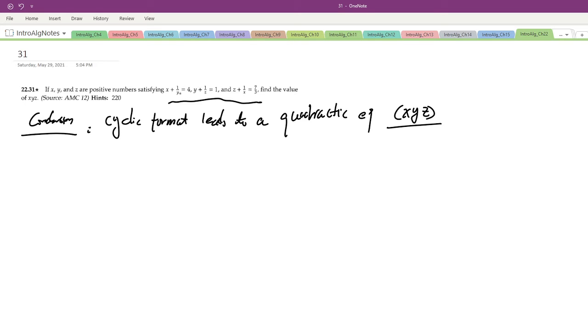So we wanted the xyz, right? Now let's do some manipulation. 1 over y is 4 minus x. 1 over z is equal to 1 minus y. And 1 over x is equal to 7 over 3 minus z, right?